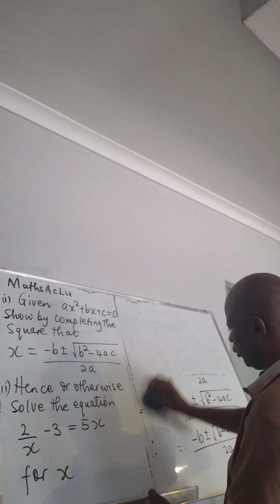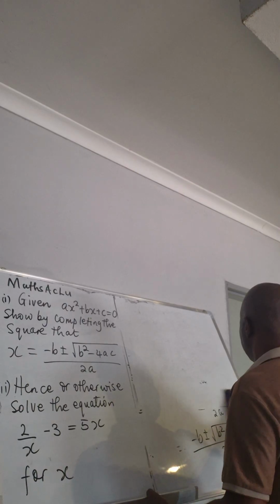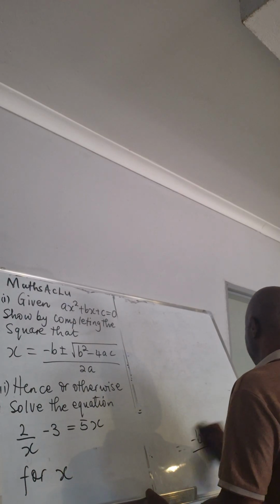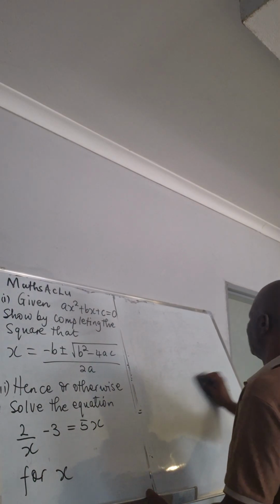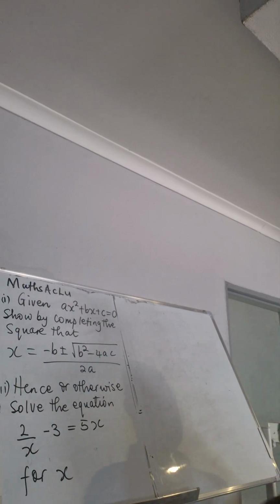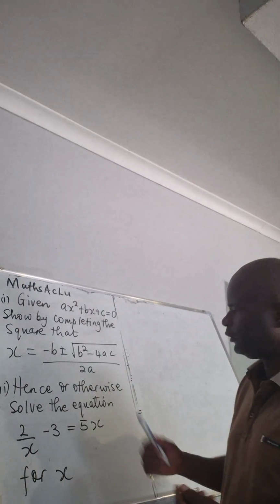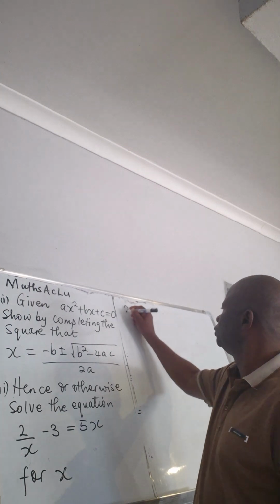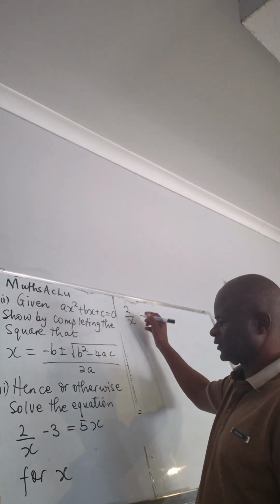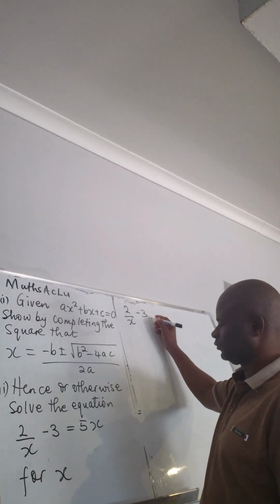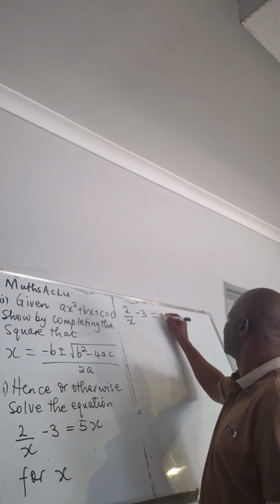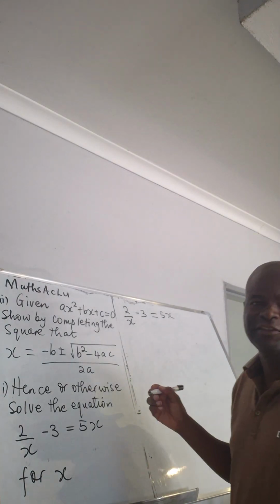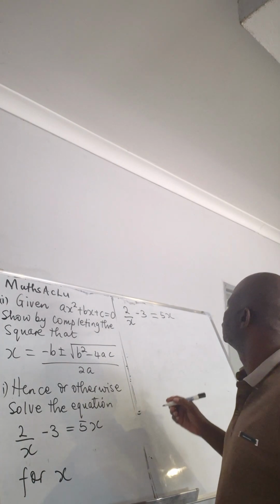Now the hence part is very easy in most cases because you'll be just using the previous results. So here we are, hence or otherwise solve the equation. To solve this equation, 2 over x minus 3 equals 5x. The first thing is to write it in standard form.